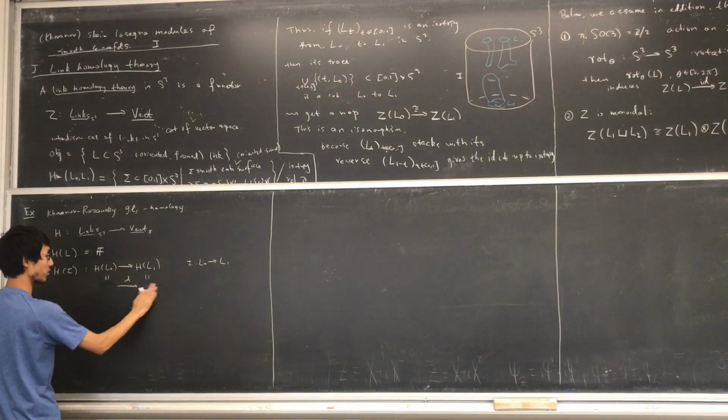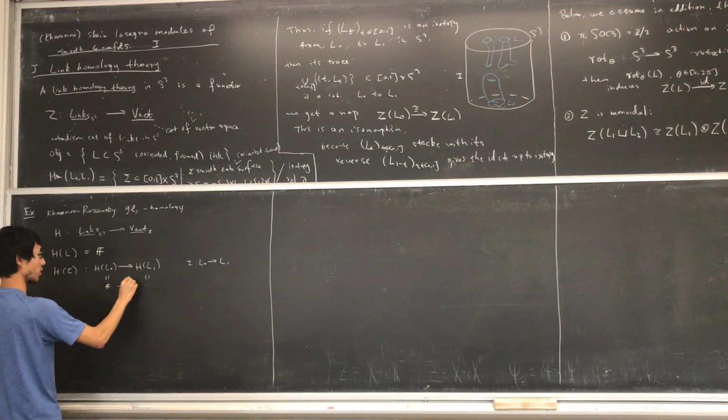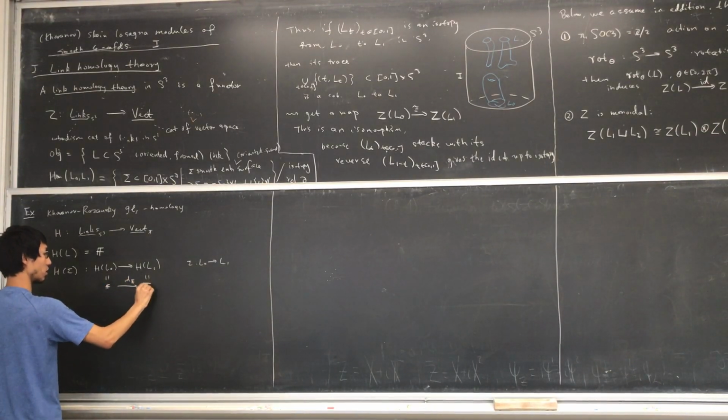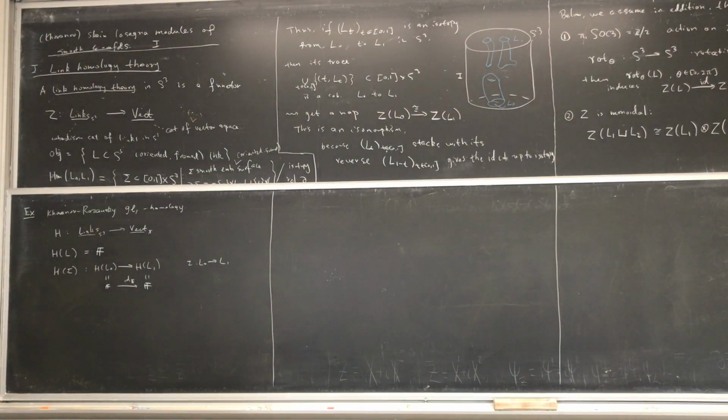Sorry, I'm so used to rational computations on this one-dimensional vector space. So this is not giving anything. It's a very boring functor. But as a test case later, we will also use this as a very first input to the skein lasagna modules and see what we get from here.